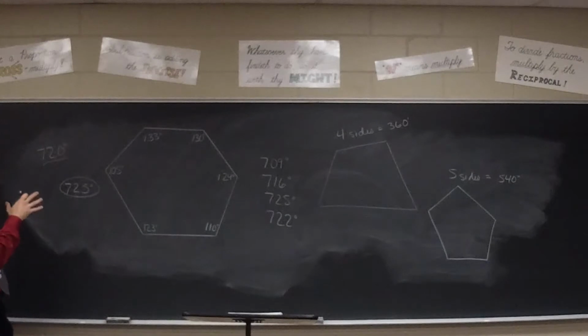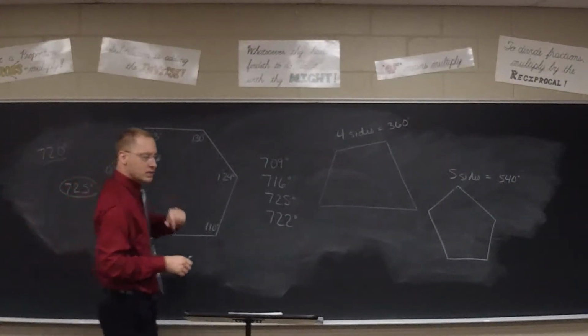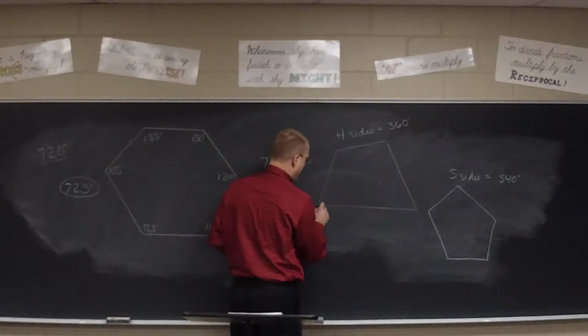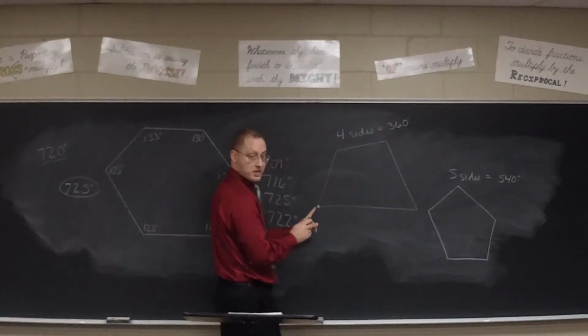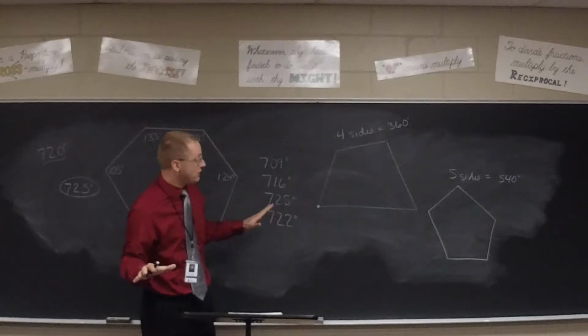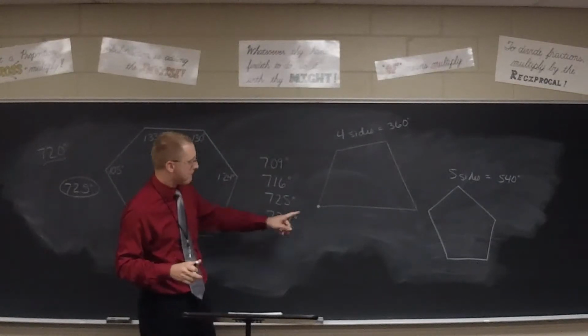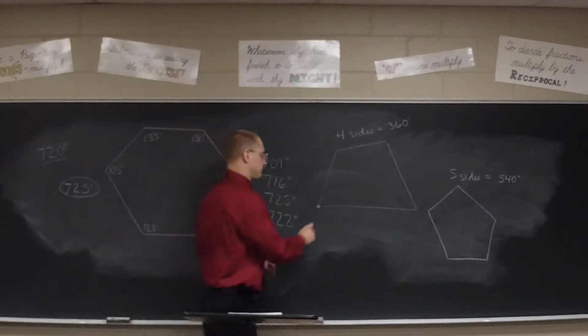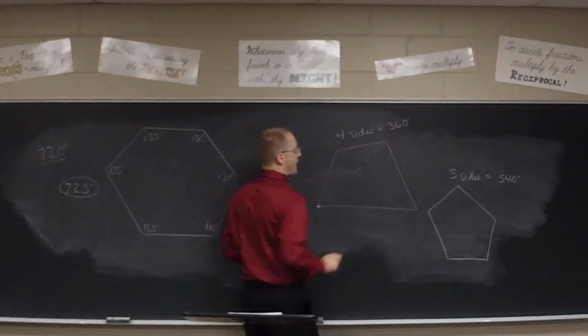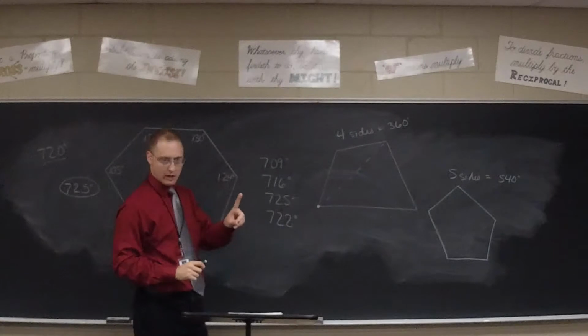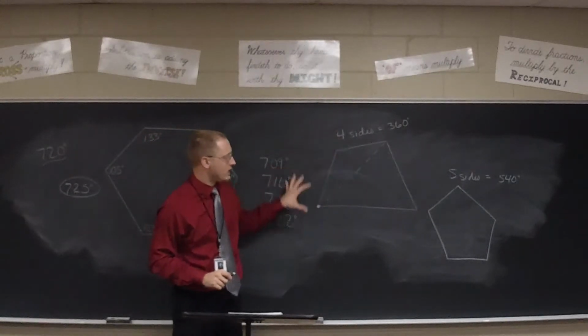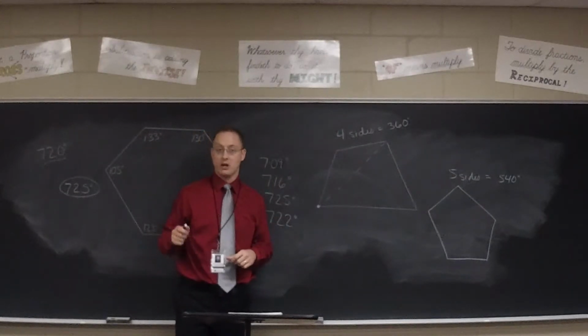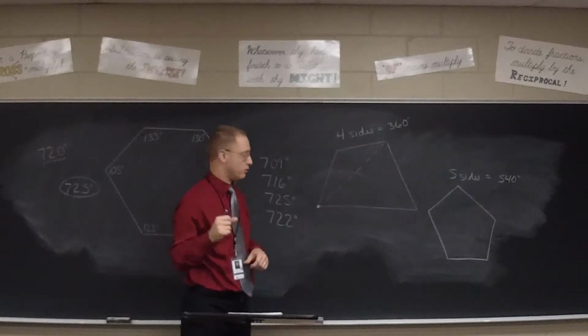How could we actually come to the conclusion that there should be 720 or 360 or 540? Well, consider this for a moment. If I were to draw from this vertex all the possible diagonals, how many would that be? Only one. And when I draw that one diagonal, I take my 4-sided polygon and I break it down into a pair of triangles.